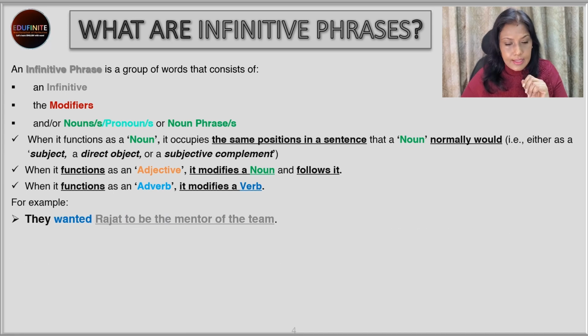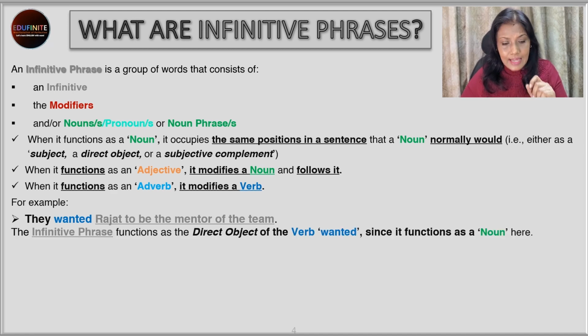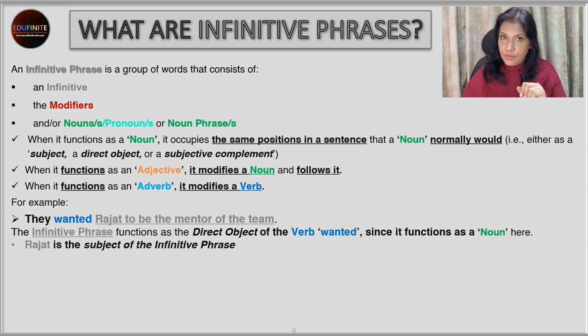Well, the next sentence. They wanted Rajat to be the mentor of the team. So in this sentence, the infinitive phrase Rajat to be the mentor of the team is the direct object of the verb wanted. Hence, it functions as a noun. The infinitive phrase is colored gray and underlined and the verb is in blue for your easier understanding. In this infinitive phrase, Rajat is what? It is the subject of the infinitive phrase.